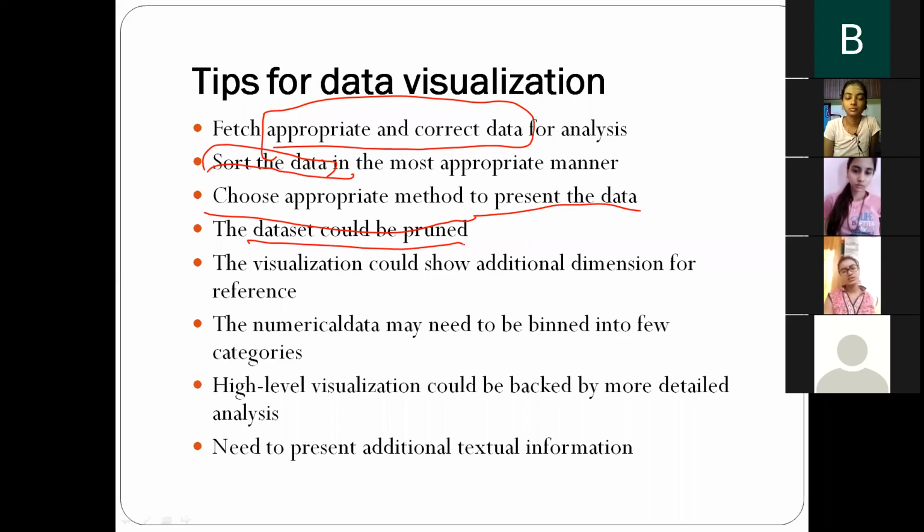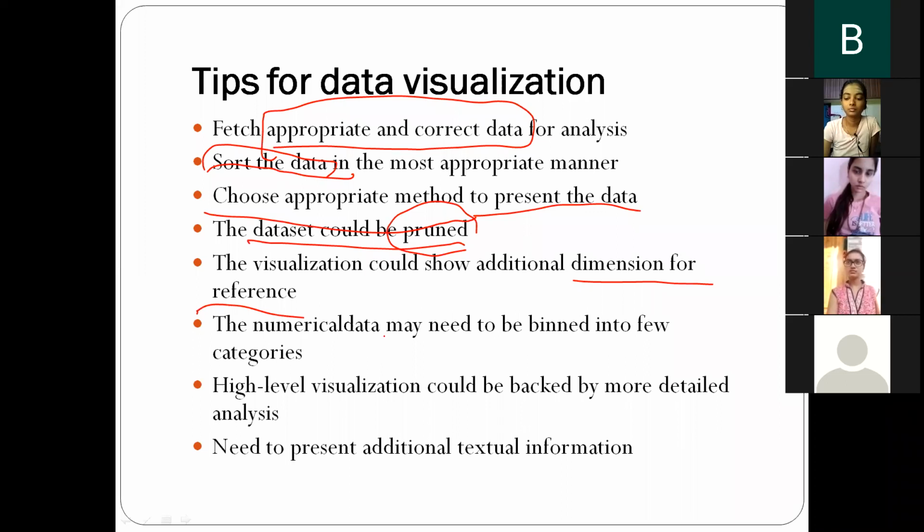Data sets could be pruned. If the data is not important, then you can remove it, and if the complete data is not available, you can leave that data. Visualization could show additional dimensions for references. Numerical data may need to be binned into a few categories.